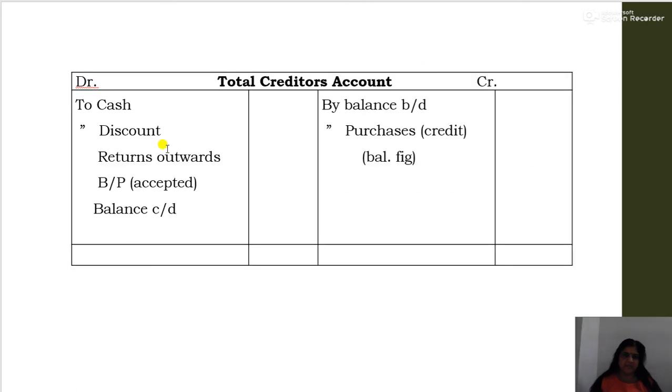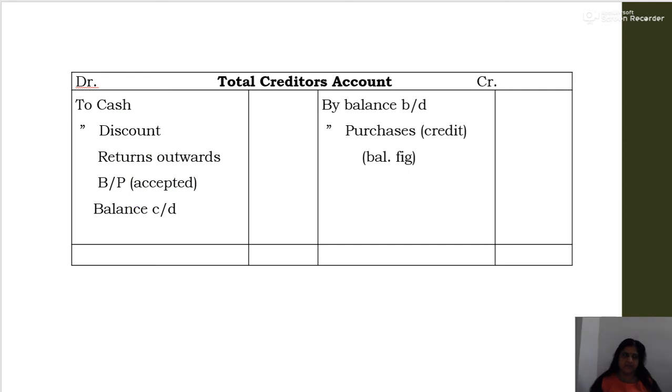Then this is the format of total creditors account for ascertaining the credit purchases in this question. There is a closing balance, then credit purchase, which is the missing value, then cash, that is to cash, discount, returns outwards, and also bills payable accepted, then the closing balance.